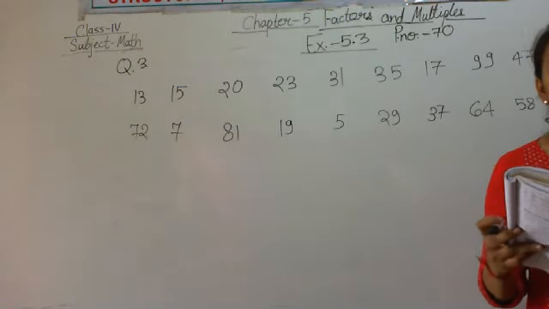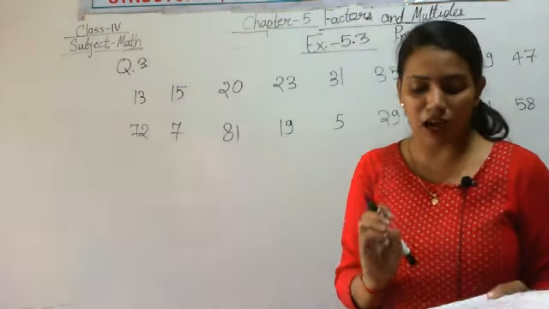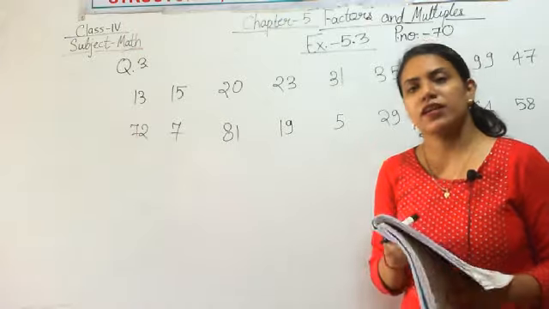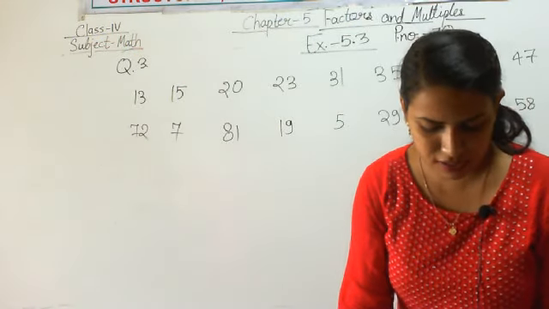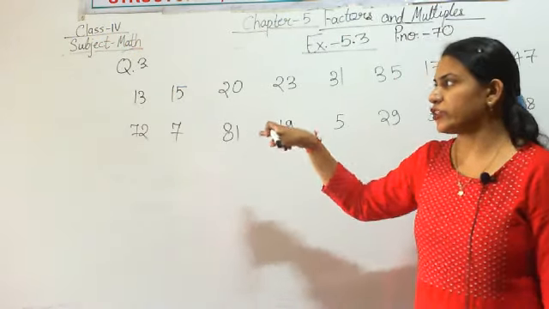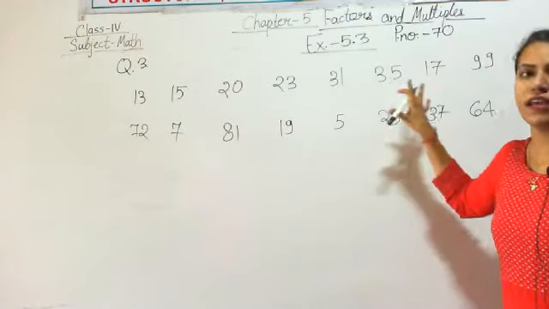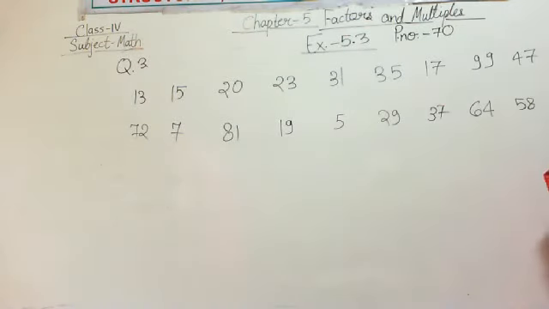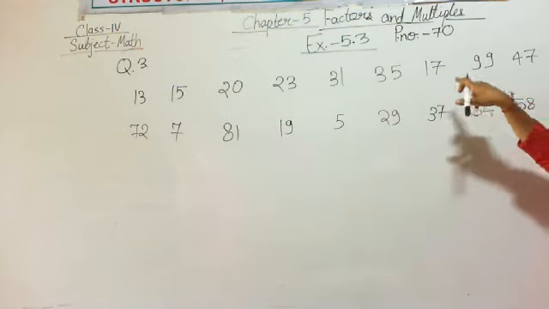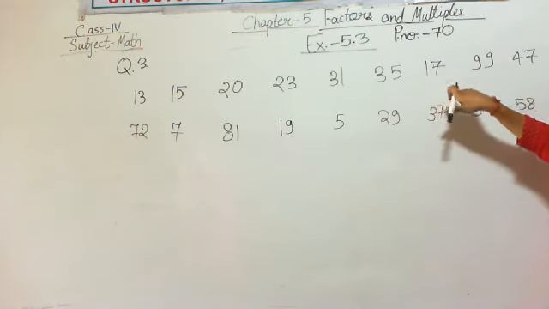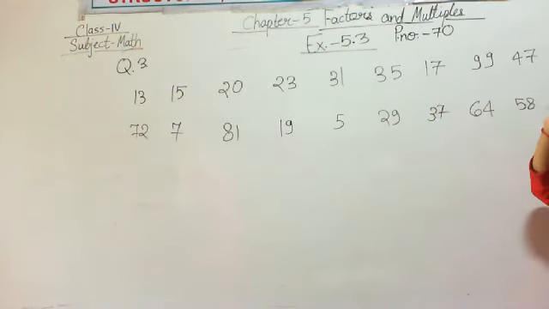Read the question. Circle the prime numbers and cross out the composite numbers. What is the task? Some numbers are written in your book. You need to identify which one is prime, and if it is prime then circle it. If it is composite then cross it.